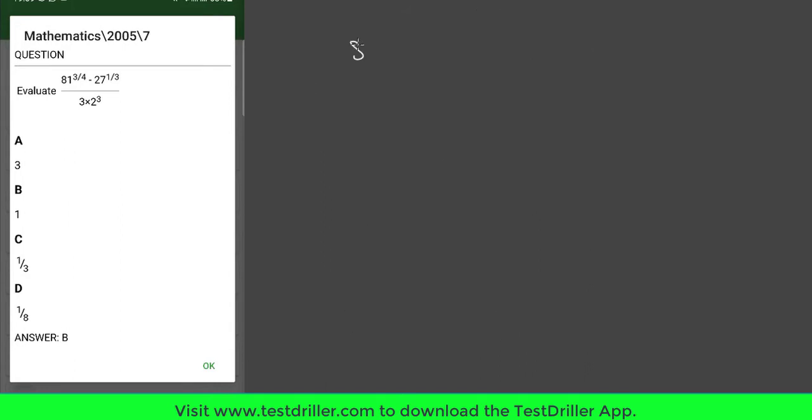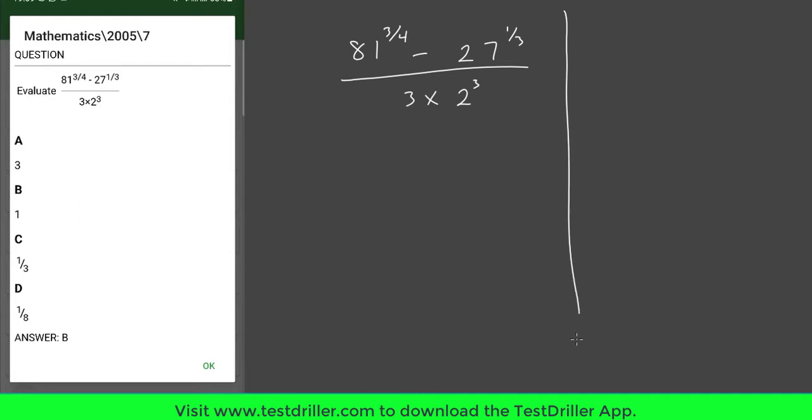We have to evaluate 81 raised to the power of 3 over 4 minus 27 raised to the power of 1 over 3, divided by 3 times 2 raised to the power of 3. So let's deal with this. To solve this, we need to apply the laws. There are several ways to apply the law, but let me use a different approach now.